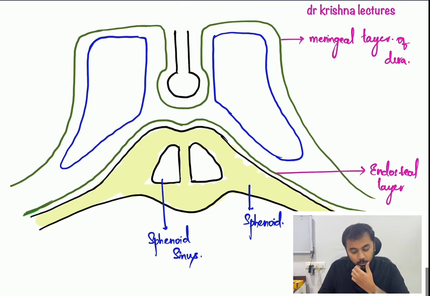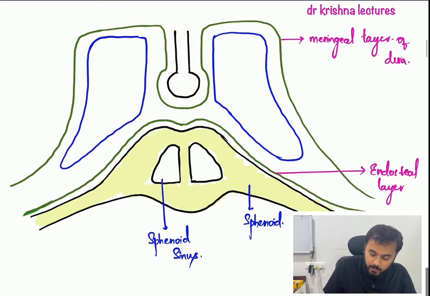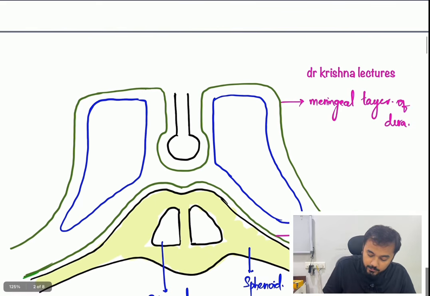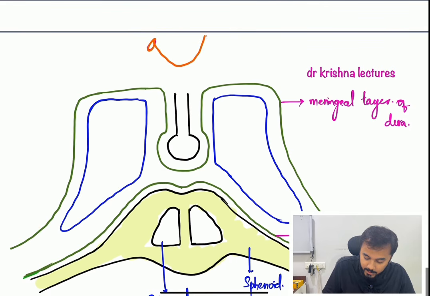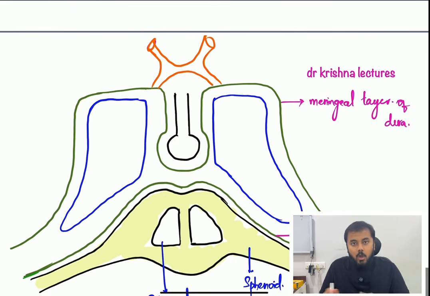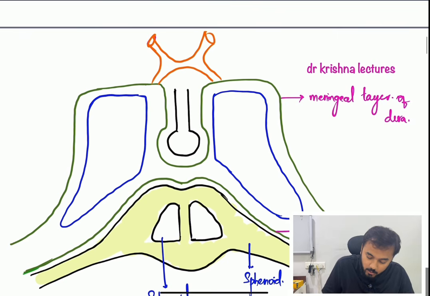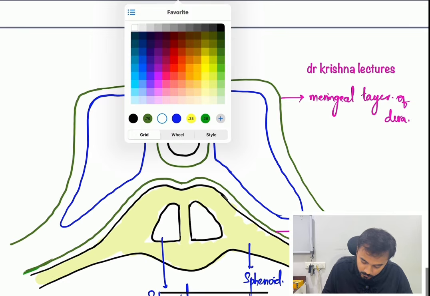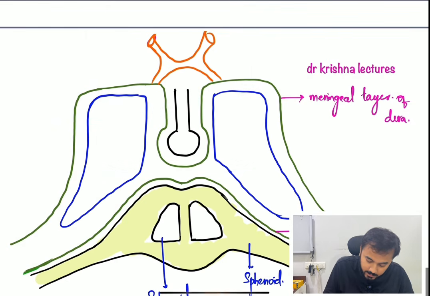Now before I directly go into the structures, let me tell you one very important thing: we should not forget a very important structure which I already told you. That is your optic chiasma. So here we have your optic chiasma. On the sides here you have an artery. You know what this artery is?